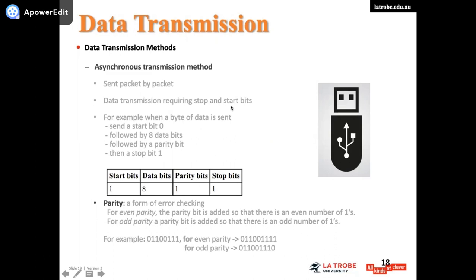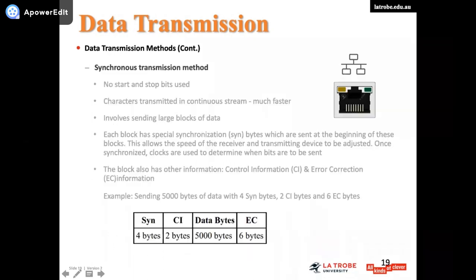So then let's talk about the synchronous transmission method. In this method, there are no start bits or stop bits, and the characters are transmitted in a continuous stream, which is much faster because we don't waste bandwidth transferring those useless start bits, stop bits, and parity bits.